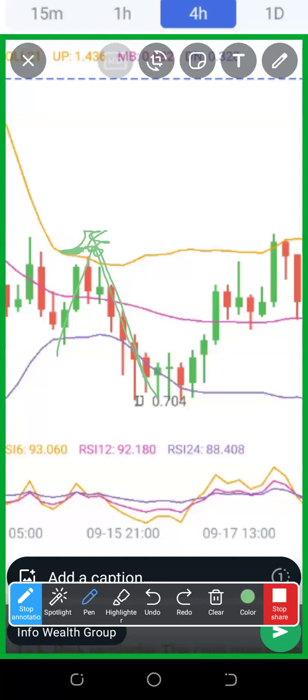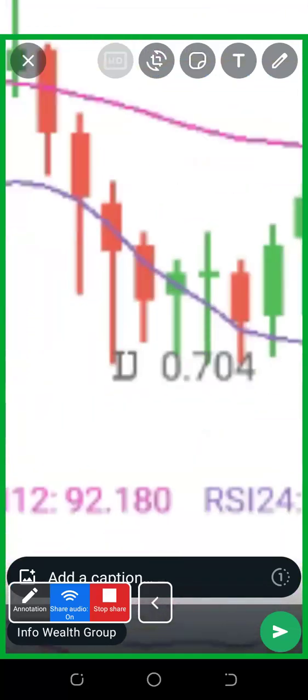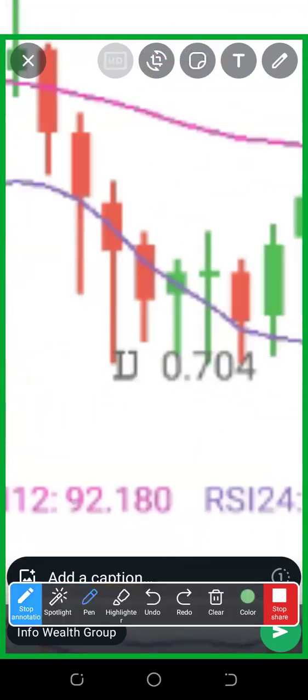This is a downtrend, and at the end of it, this last red candle that I'm pointing at, an armor formed here. This is the armor I was telling you about. It formed at the end of this red candle.